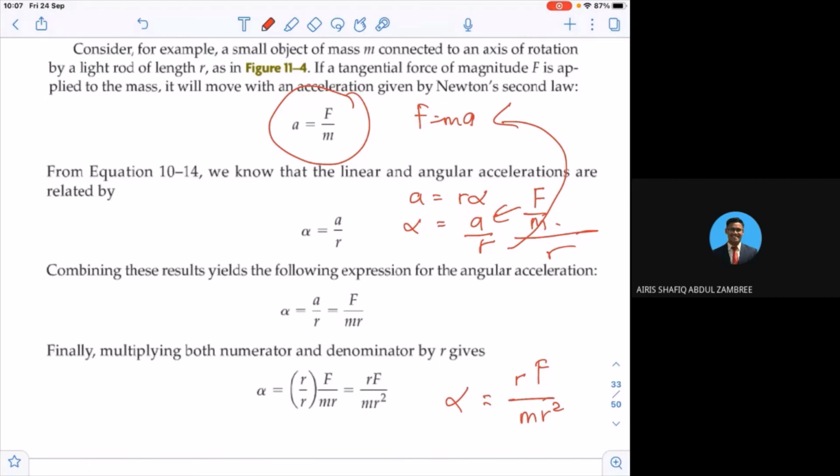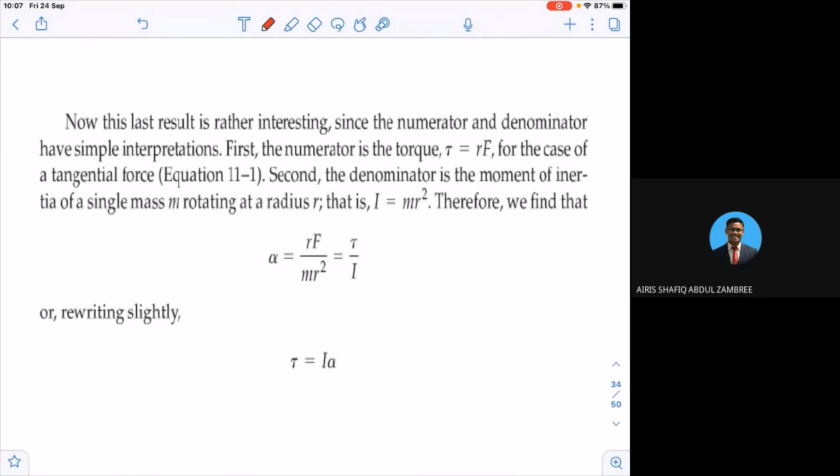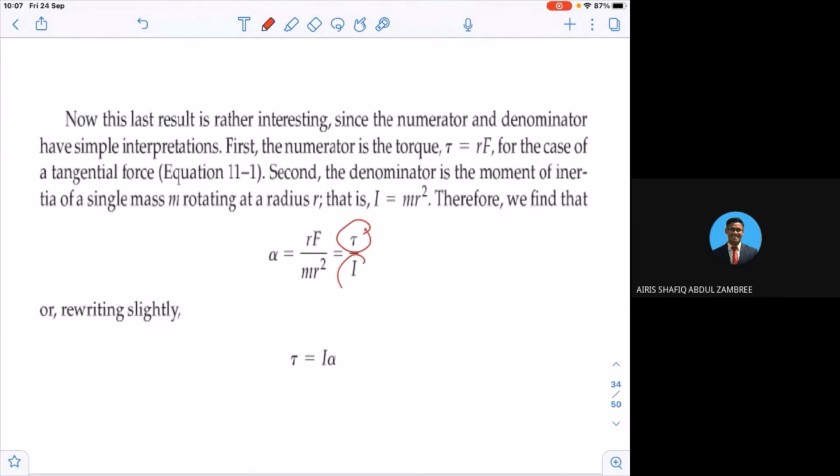And if you note here, Rf is actually a torque, and mr squared is something else. So Rf is torque, and mr squared is considered the moment, sometimes called the moment of inertia.